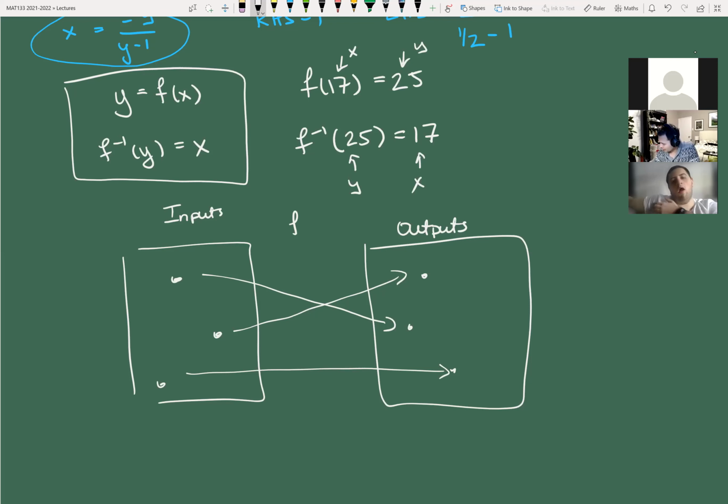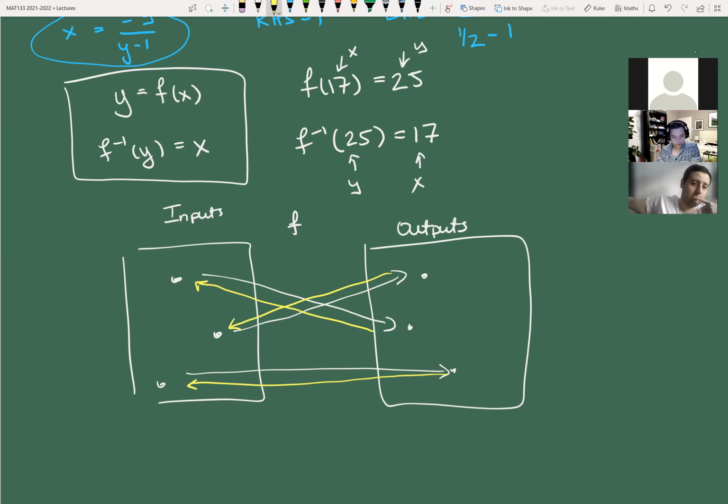So f is the forward arrows, and the inverse is just the backwards arrows. Okay, is everyone okay with that? I hope I didn't make things worse, but I hope that helped a little bit. If you think about it as a machine, I think it makes more sense rather than thinking about it in terms of a graph.